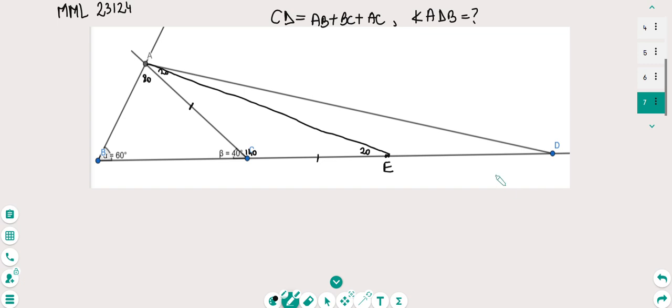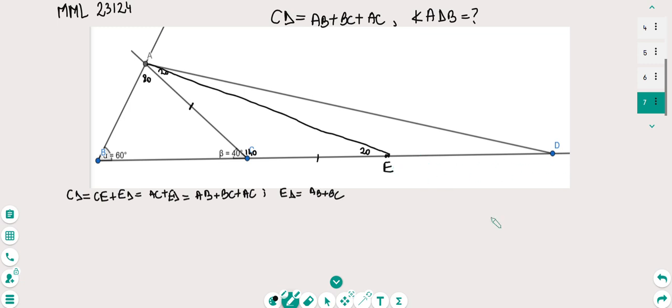That literally tells us CD is CE plus ED, which by our construction is AC plus ED, which by what we're given is AB plus BC plus AC. So we're left, by cancelling terms, with ED equal to AB plus BC. So this one here.